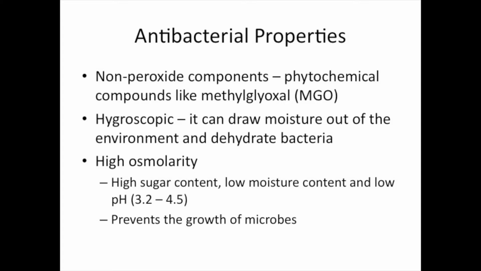Honey is a supersaturated solution of sugars, 84% being a mixture of fructose and glucose. The strong interaction of these sugar molecules will leave very few of the water molecules available for microorganisms. Honey is characteristically acidic with a pH of between 3.2 and 4.5, which is low enough to be inhibitory to many animal pathogens.